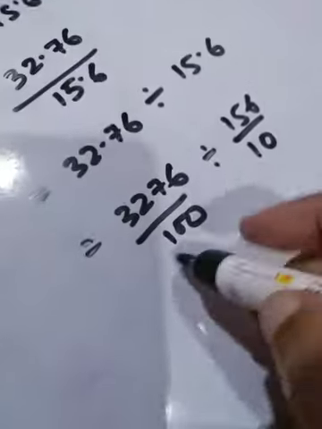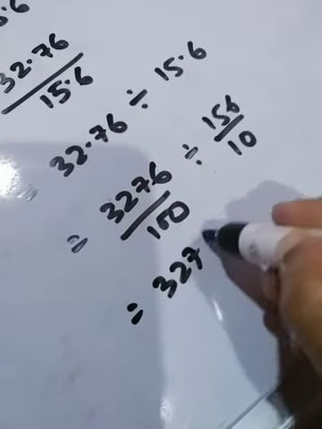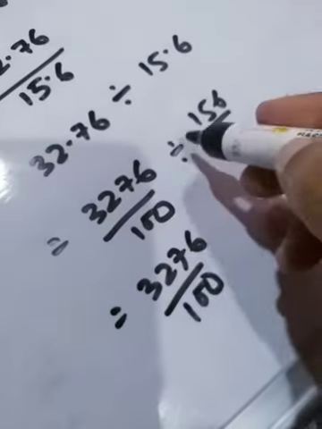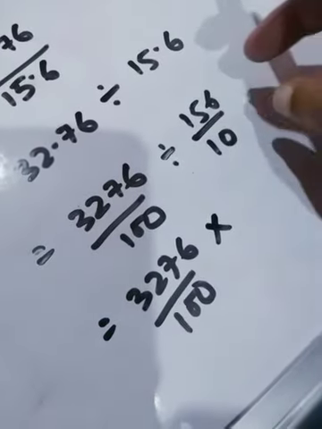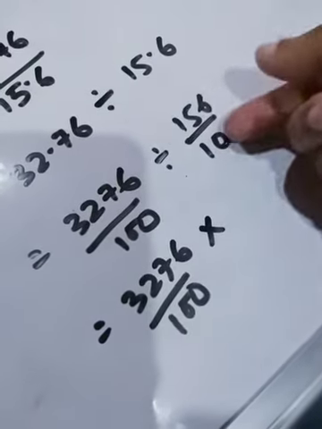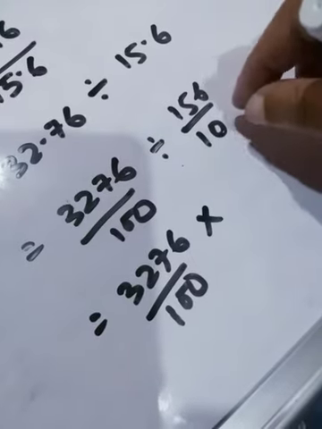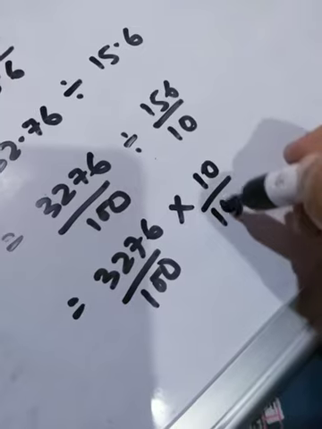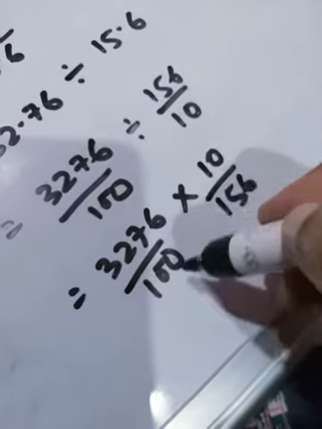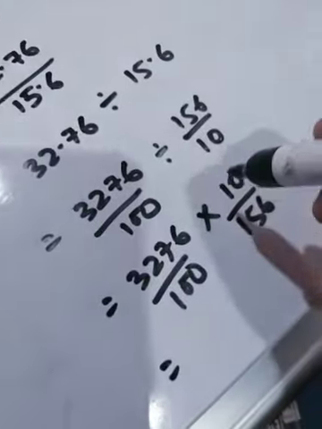Now as we have learned, when we put a multiplication sign in place of the division sign, then the right hand side fraction will be reciprocal. Reciprocal means interchange of denominator with the numerator. That is 10 will go up and 156 will come down. Now I see that it has become much easier.